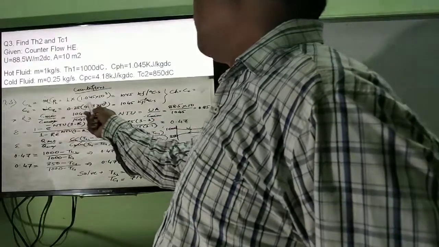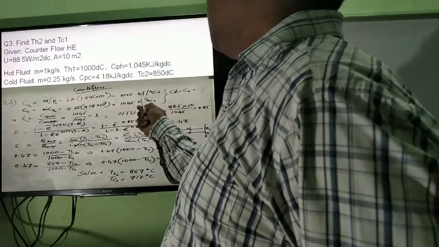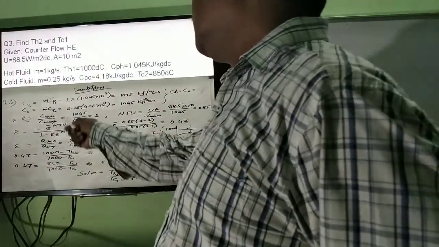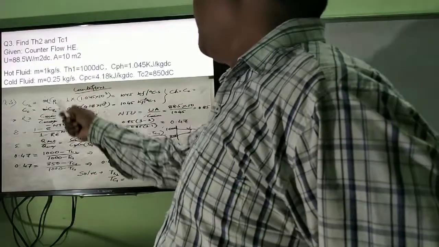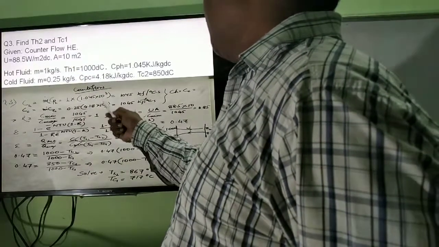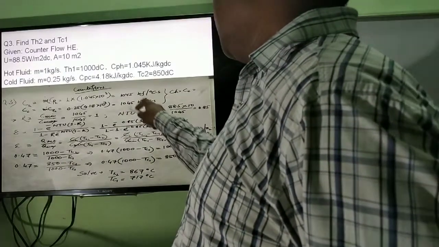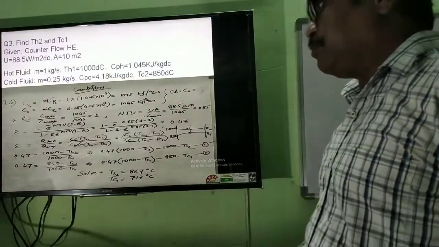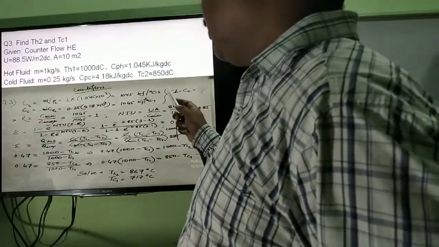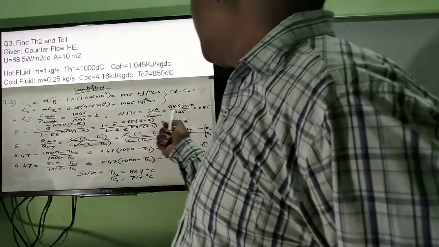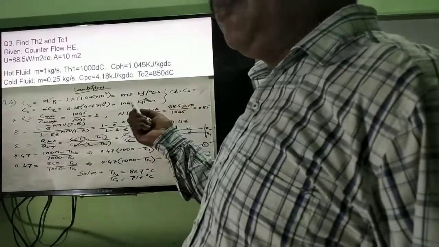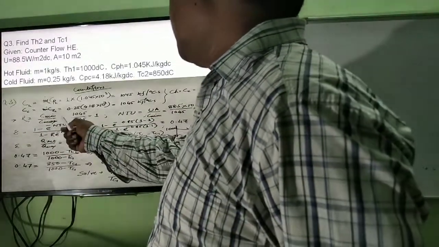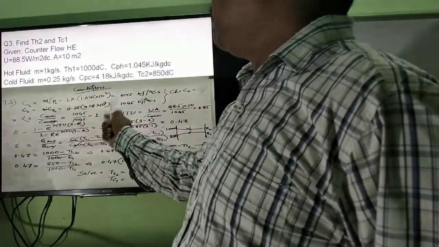Mass flow rate 1 into this 10^4 J. What is the heat capacity for the cold fluid? Put this value into specific heat capacity 1045. Both are the same. So the heat capacities of the hot fluid and cold fluid are both the same. Both the same means there is no difference. So either one can be minimum or maximum. So the capacity ratio is Cmin by Cmax equal to 1.